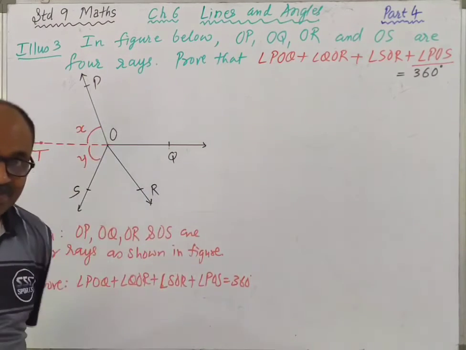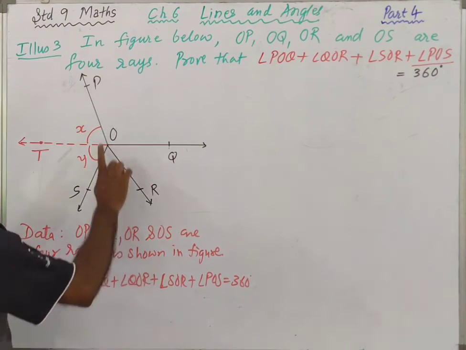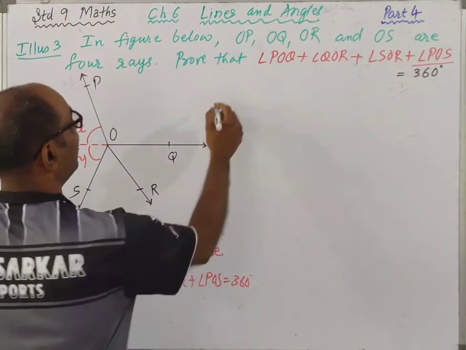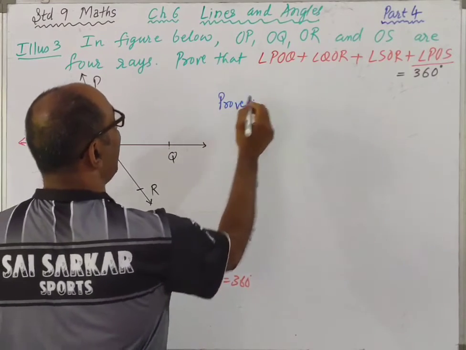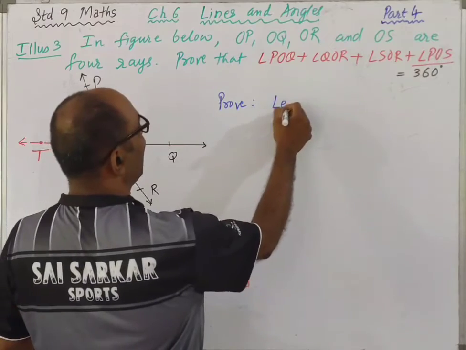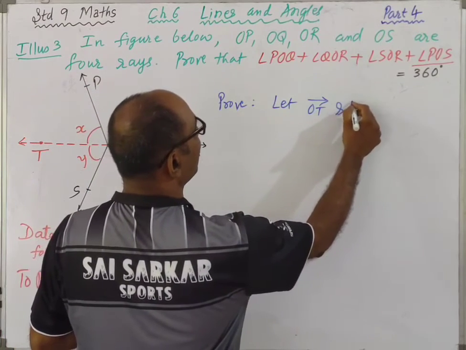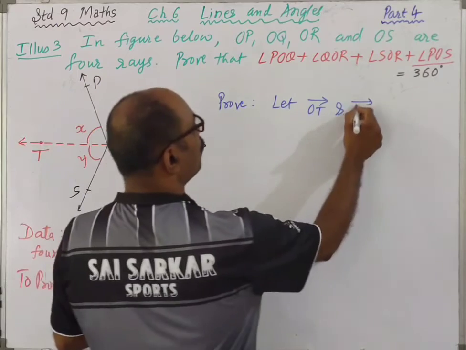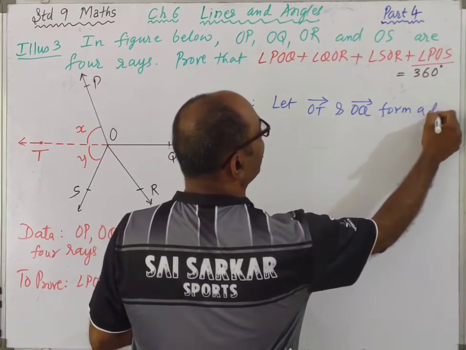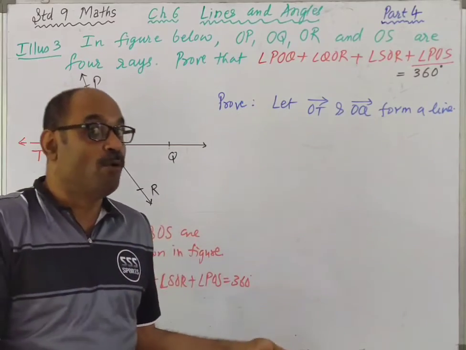Okay, children, how do we start? First, let ray OT and ray OQ form a line, or let ray OT and OQ be opposite rays.